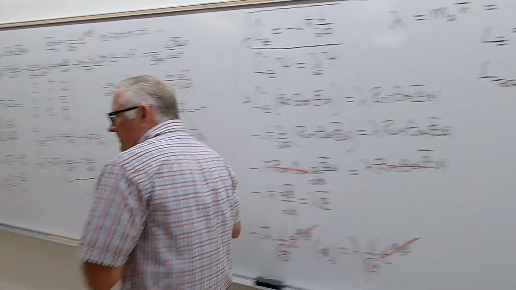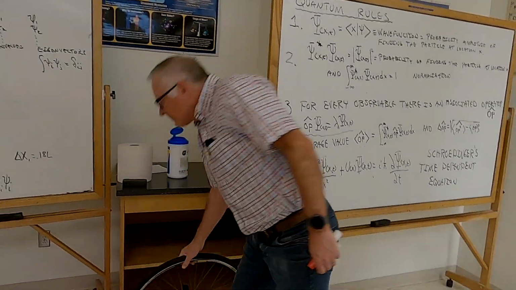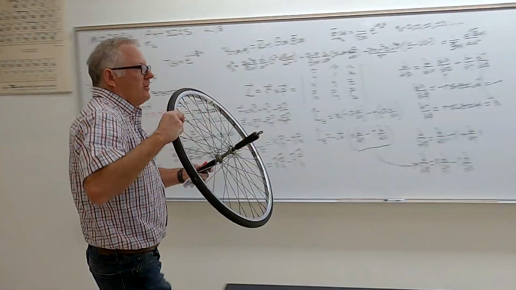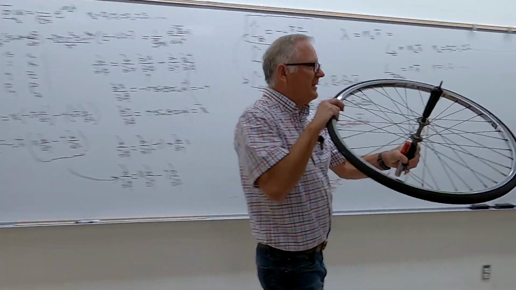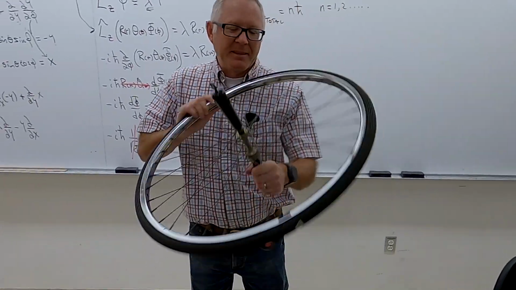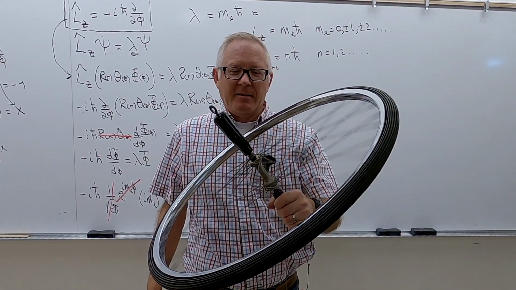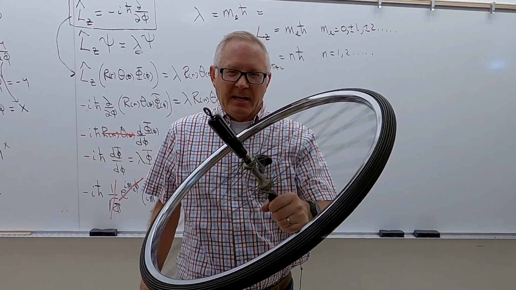Here I have a bicycle tire. We can look at the angular momentum. If I spin this, we could say it has a z component of angular momentum like that, but the atom could never be like this.